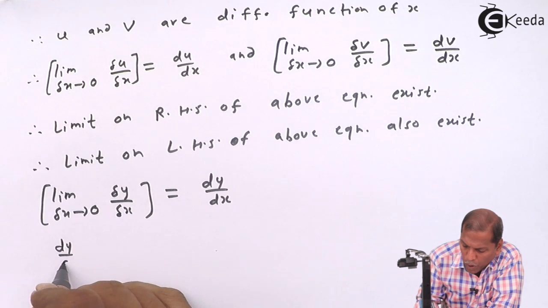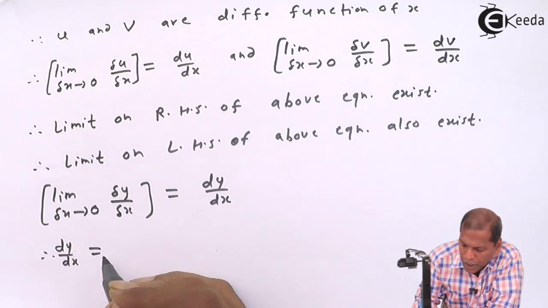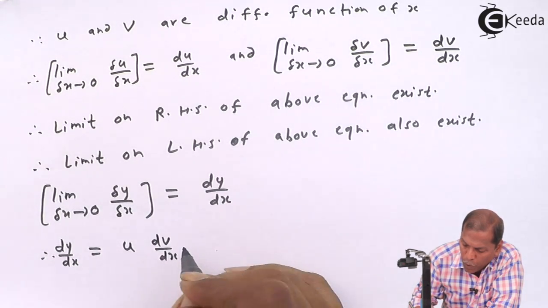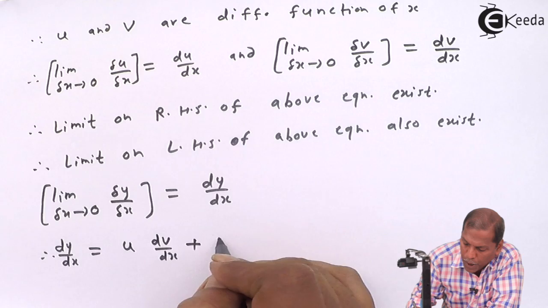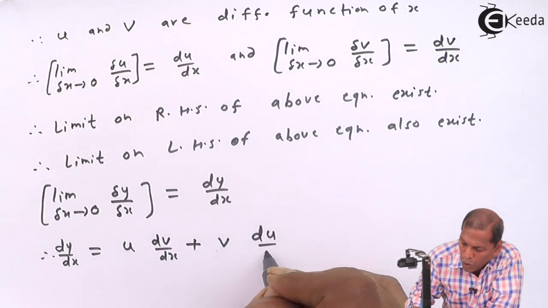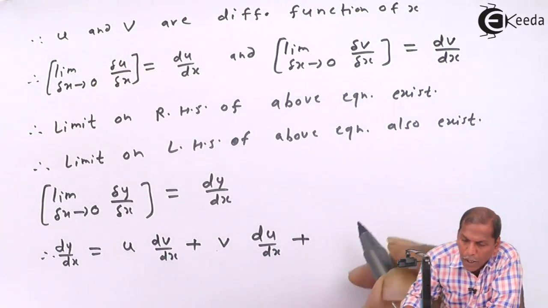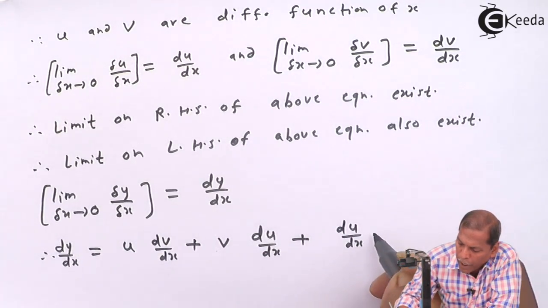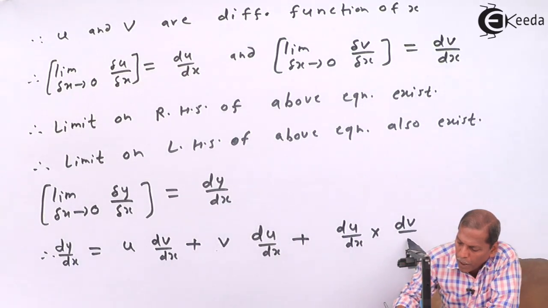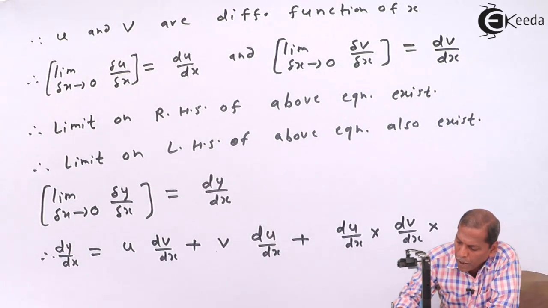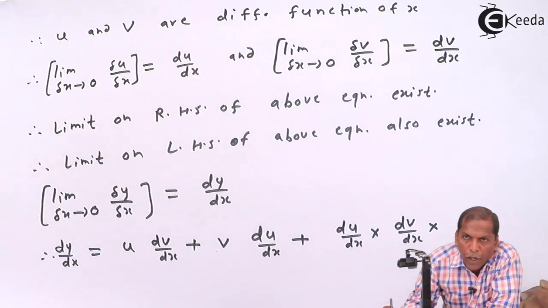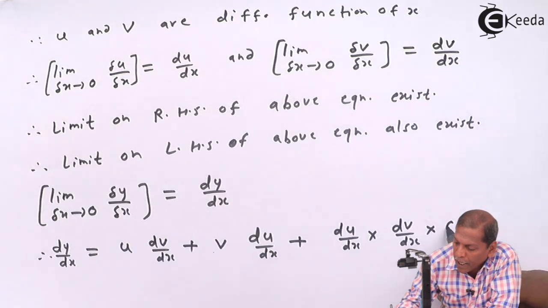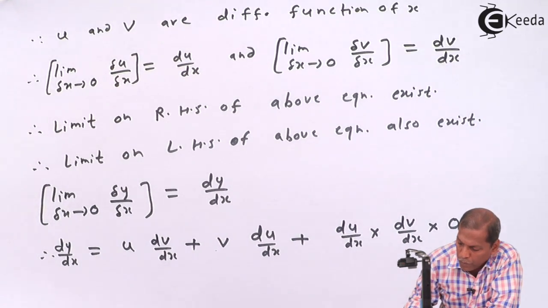finally dy by dx is equal to u into dv by dx plus v into du by dx plus again we get du by dx into dv by dx and into finally we are left with delta x in equation 1. So for that delta x we substitute 0.